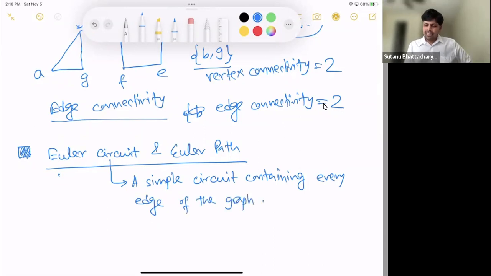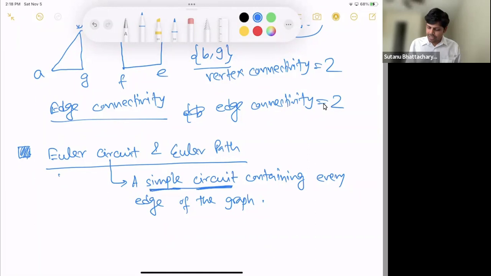So Euler circuit is a simple circuit. First of all, what is circuit? Circuit means your starting point and your ending point would be the same, and it would be a path which covers all vertices. So you will find a circuit and it should be simple.